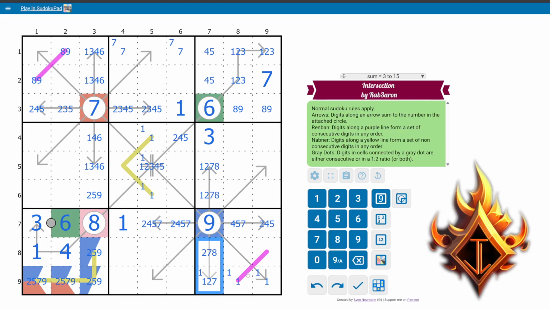And then 6 could not be on the line, so 6 would be on the arrow with 3. And then 1-8 would have to be on a consecutive line. So this cannot be 7-2. It is 1-8, and it can only be this way around.